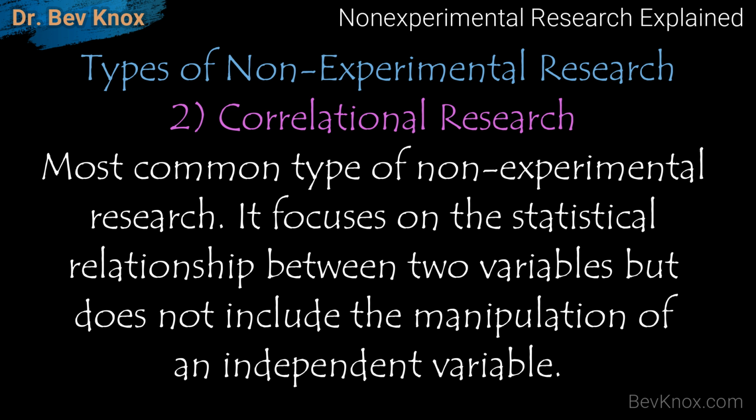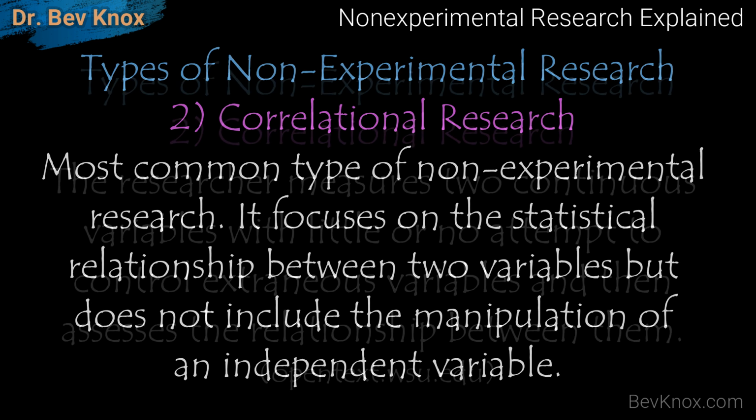Correlational research is the most common type of non-experimental research conducted in psychology. It is considered non-experimental because it focuses on the statistical relationship between two variables, but does not include the manipulation of an independent variable.